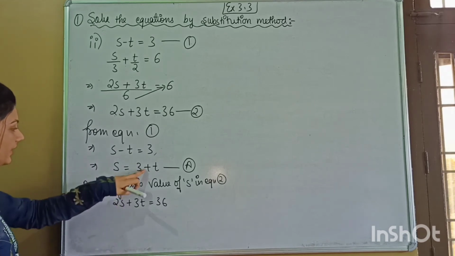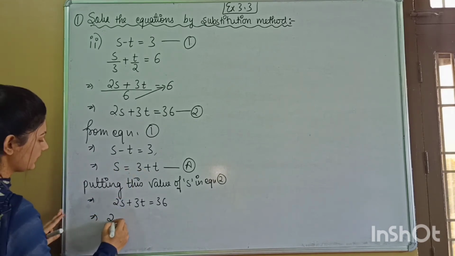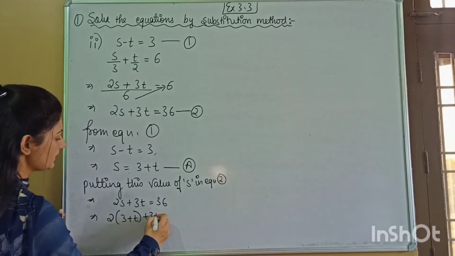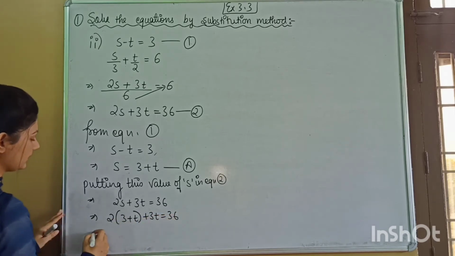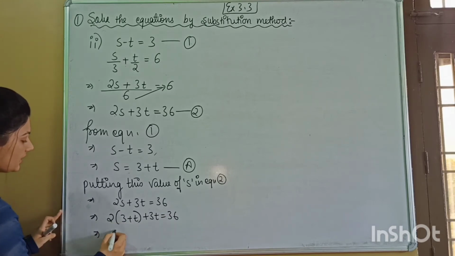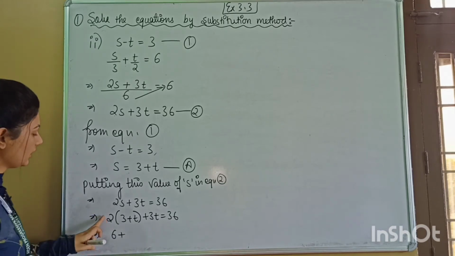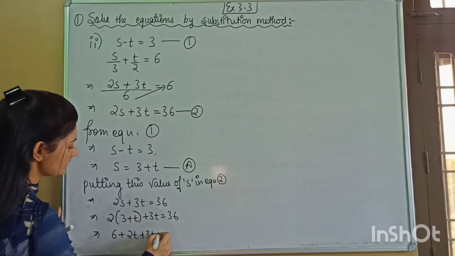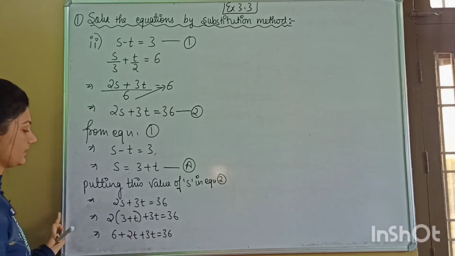Only in the place of s we will write the value, that is 2 into (3 plus t) plus 3t is equal to 36. Now we will multiply this 2 inside the bracket. So 2 into 3 is 6, plus is written here, so we will write plus only, 2 into t is 2t, plus 3t is equal to 36.